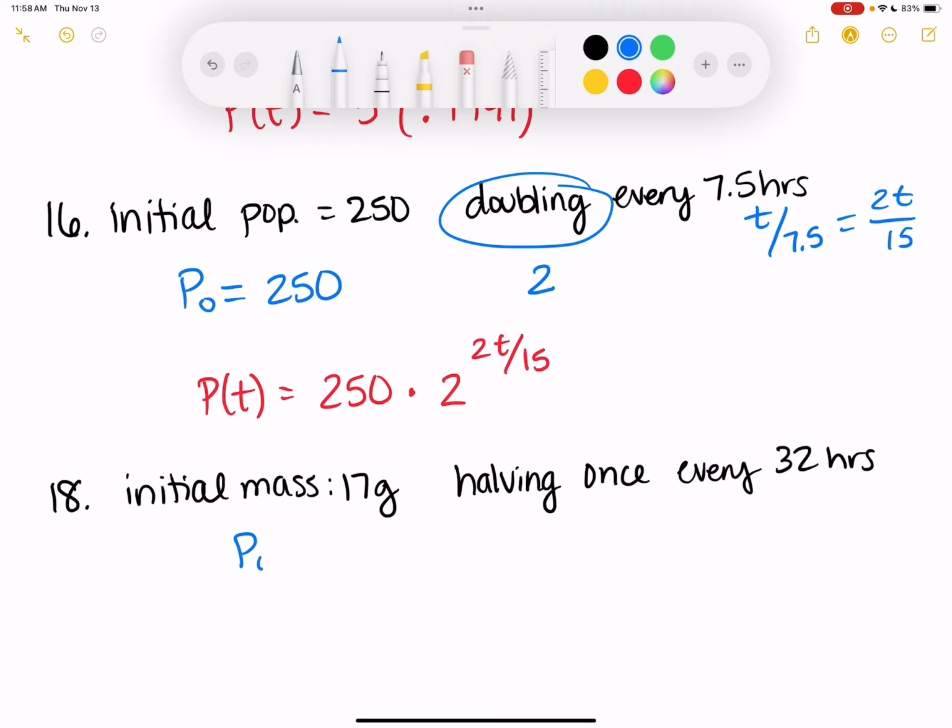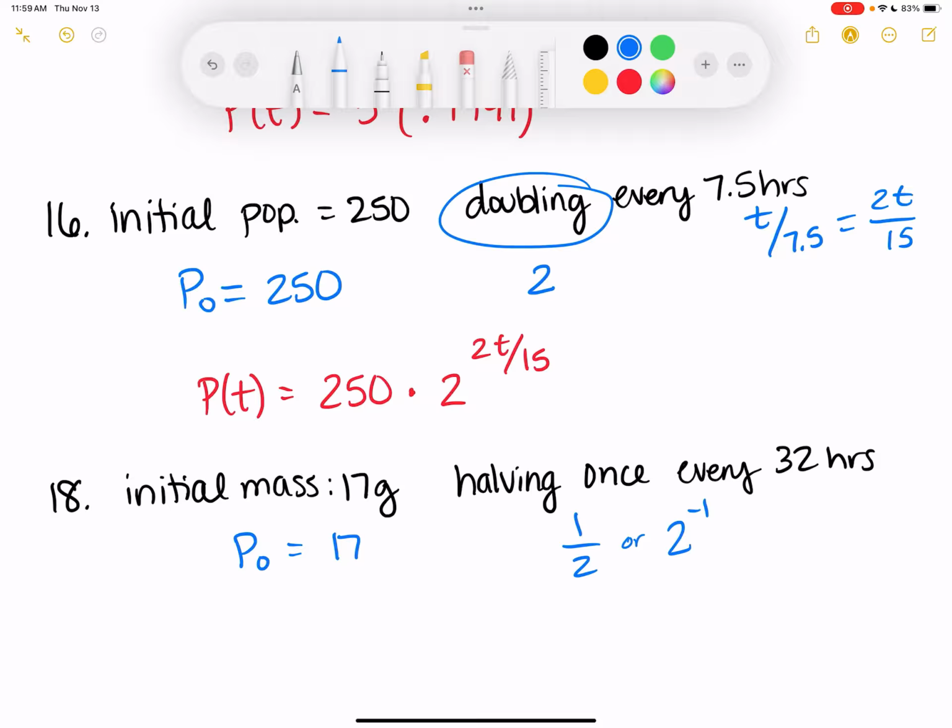So P sub 0 is 17. Now, it's halving. So I can either write this as 1/2 and then raise it to the power, or I can write it essentially as 2 to the negative 1, aka multiply whatever my exponent is by a negative, and write it that way.